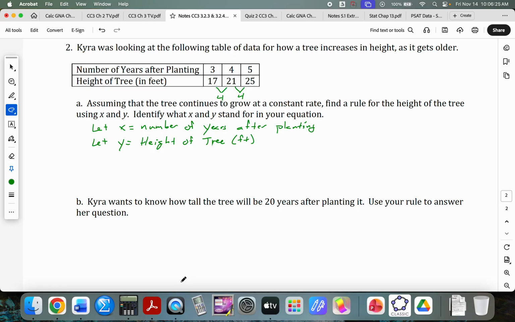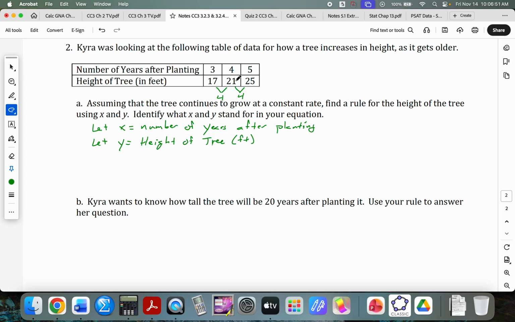But if you just multiply 3 by 4, what do you get? 12. Does that get me to 17? How much short am I of 17? 5. If I multiply 4 by 4, what do I get? How much short am I of 21?